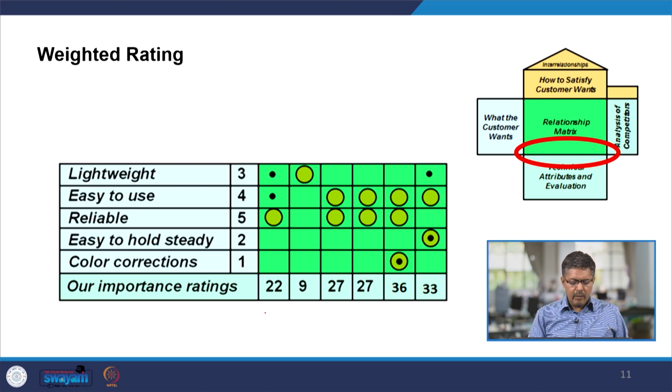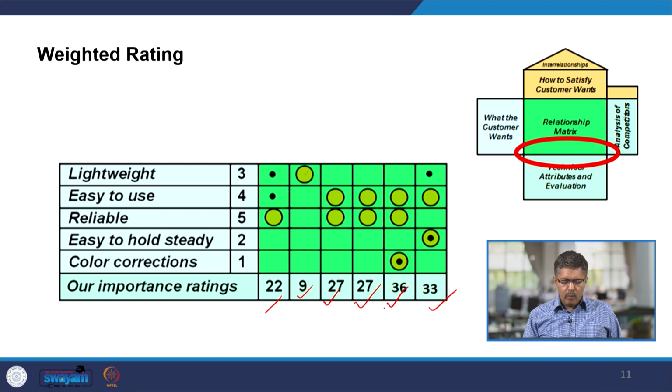So, 15 plus 7 is 22. 3 into 3 is 9, 4 into 3 is 12, 5 into 3 is 15, 12 plus 15 is 27. 27 plus 1 into 9 is 36. Finally, you have 4 into 3 is 12, 2 into 9 is 18, 12 plus 18 is 30, plus 3 into 1 is 33. So, now this gives us an indication of which is the most important element here.